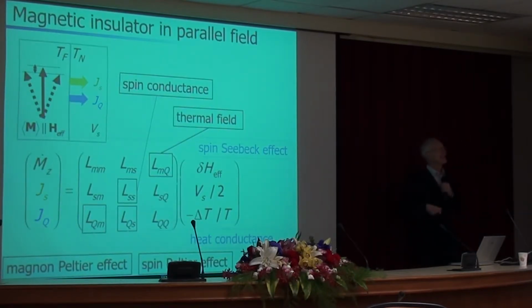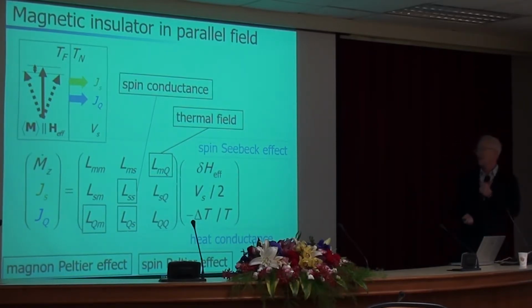Now we can play the same games as before and write down an Onsager matrix, in this case for a completely collinear system, and we find new matrix elements which correspond to new effects. Now the spin Peltier effect has already been found, but other effects are still not yet observed.